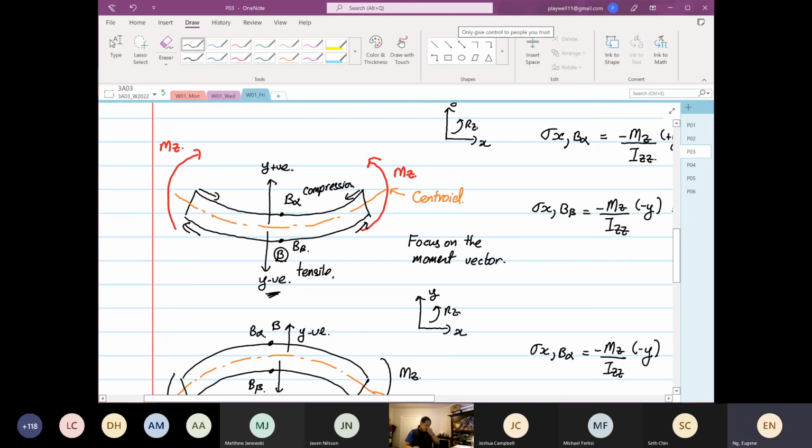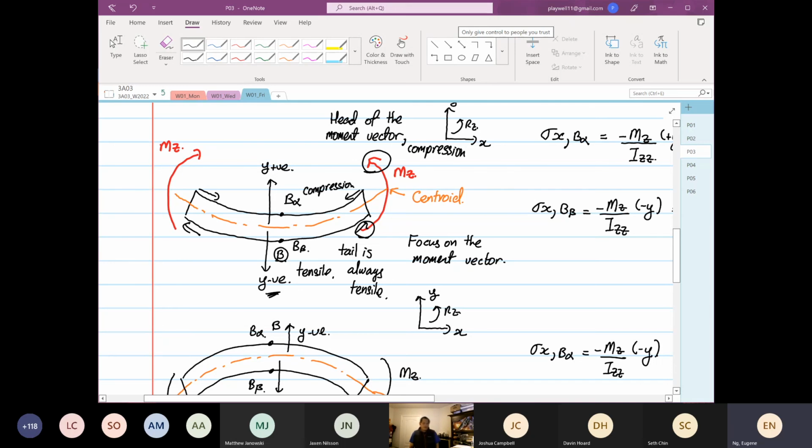What do I mean by that? Okay. The head of the arrow is always in what? Compression. The tail, okay, is always tensile.